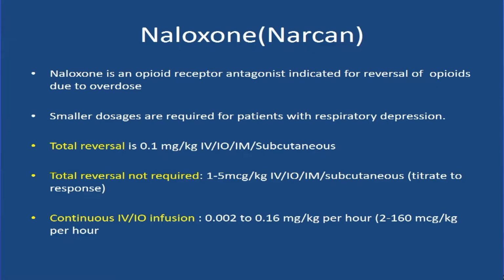For example, things that might allow the patient to be continued treatment during that time frame with the titration of the partial reversal for the respiratory depression. Continuous IV or IO infusions at 0.002 to 0.016 milligrams per kilogram per hour, 2 to 160 micrograms per kilo per hour.